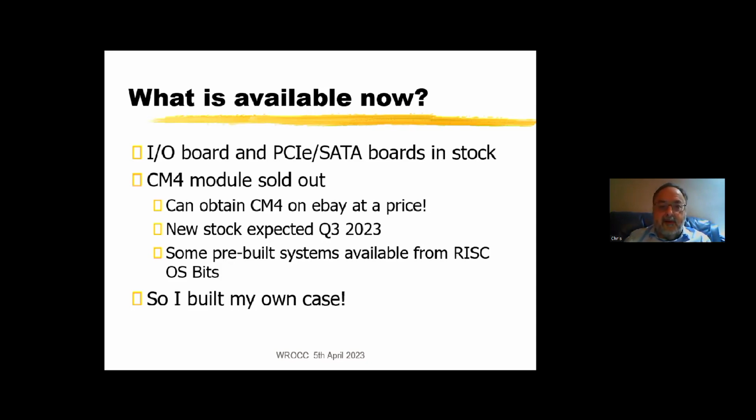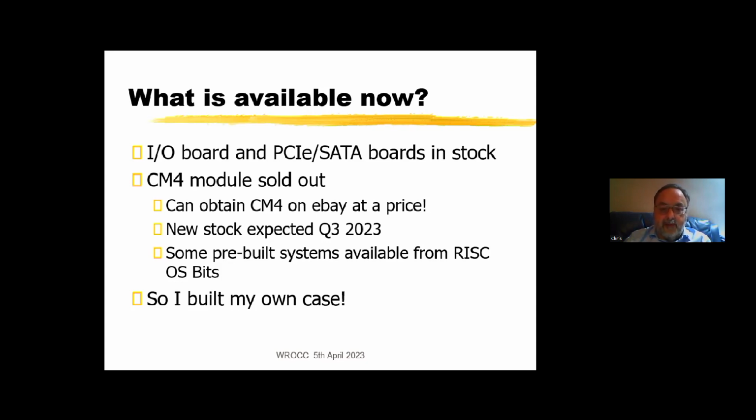And whether it will be September is anybody's guess. They do say that there'll be new stock expected in the third quarter of this year. And you can get hold of a Compute Module 4 at an inflated price from China on eBay.